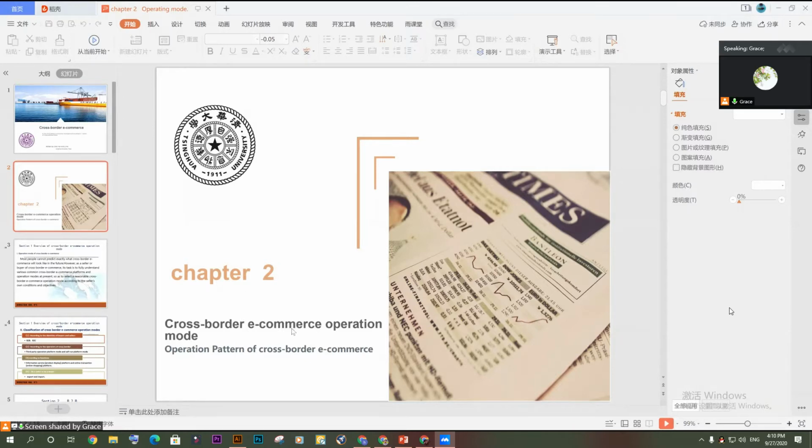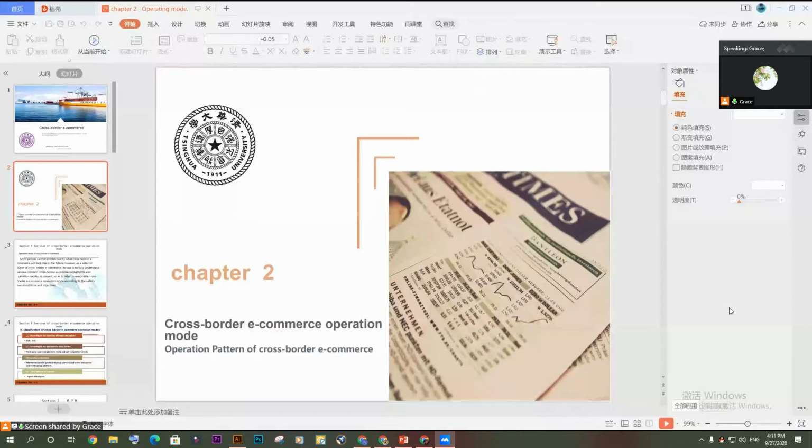So okay, let's find what the operation modes are here. How many operation modes are here for cross-border e-commerce? So in this slide, you guys can see, we have four different standards, four different aspects to divide the different operation modes for cross-border e-commerce.